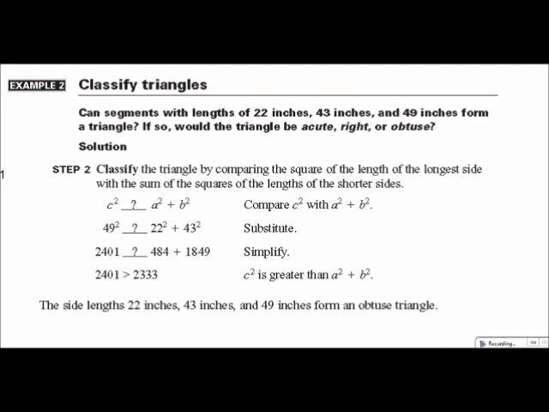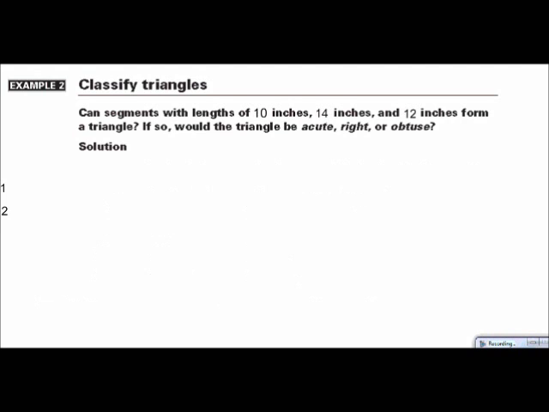Let's try another one. In this example, the lengths of the sides are 10 inches, 14 inches, and 12 inches. First, we'll check to see if we can form a triangle with those measures, and then next we'll classify it as acute, right, or obtuse.